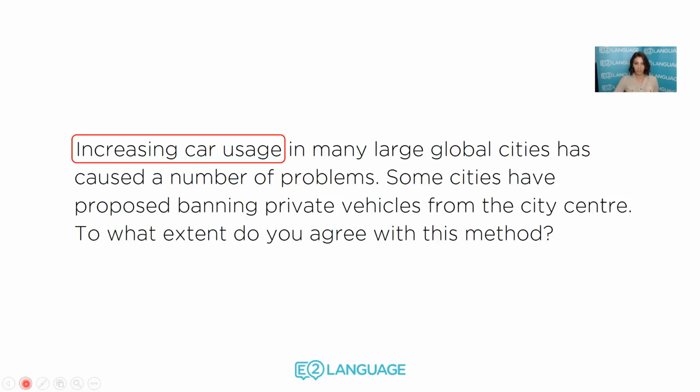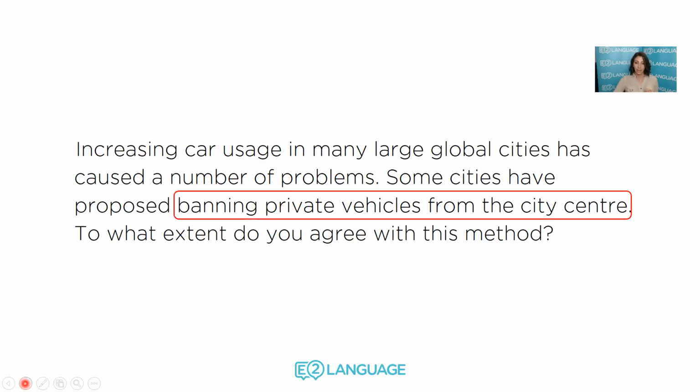Increasing car usage. So car usage is the main point or the main topic. This is a subject here. And what about car usage? It's increasing. Large global cities is another keyword or key phrase here. A number of problems. And then banning private vehicles.